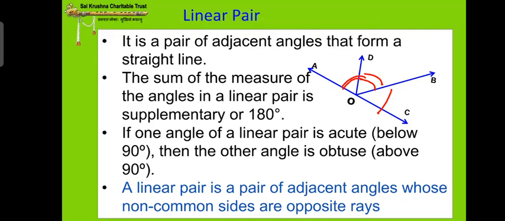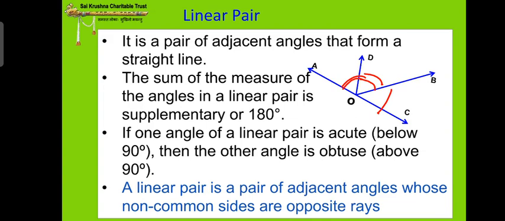So, the sum of the measures of the angles in a linear pair is supplementary, or 180 degrees. We have studied supplementary and complementary angles in the previous class, right? Complementary means when you add a pair of angles and get 90 degrees.